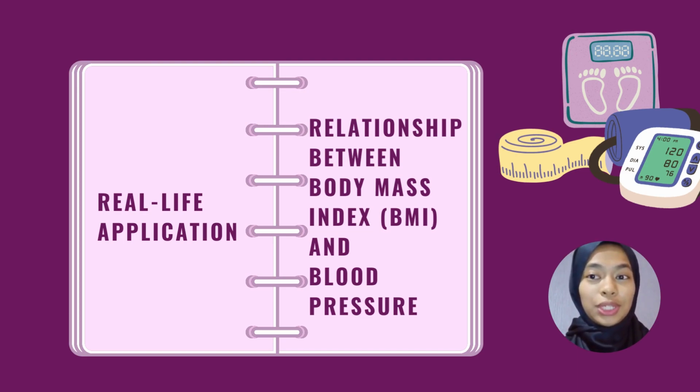Bivariate distributions are employed in medical research to examine the relationship between two health-related variables such as age and blood pressure, BMI, blood pressure, and so on. By understanding the joint distribution, researchers can identify risk factors, study effectiveness of treatments, and make predictions about health outcomes.